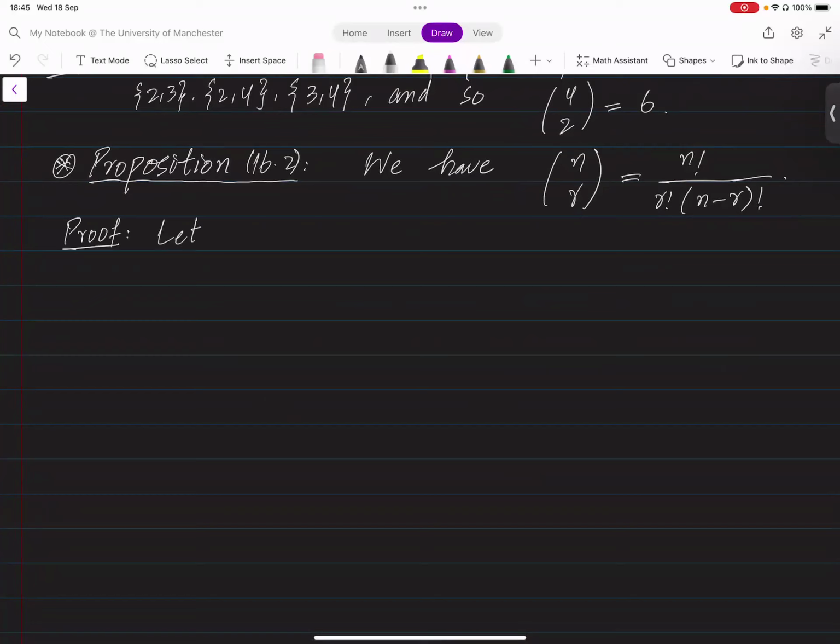Let S be a set containing n elements, and count the arrangements of S in order as follows.